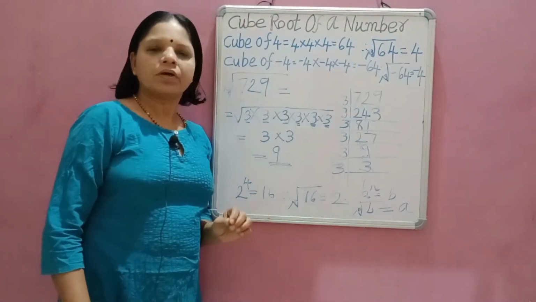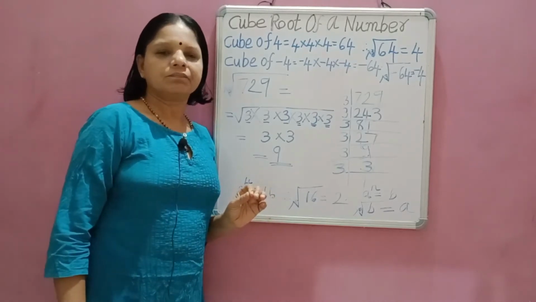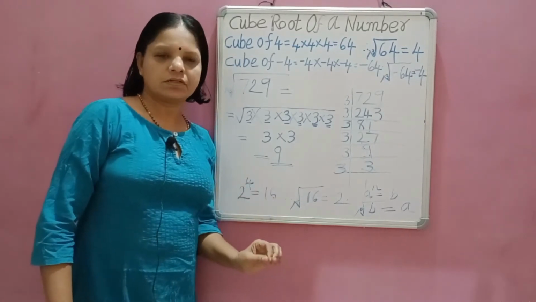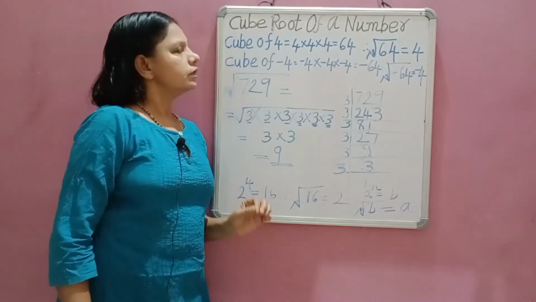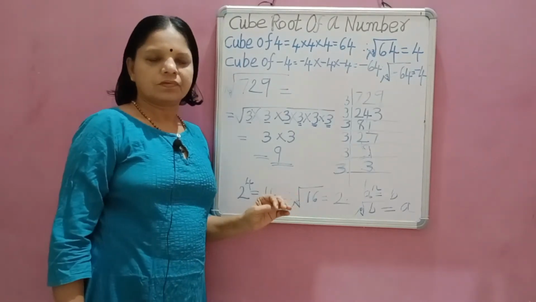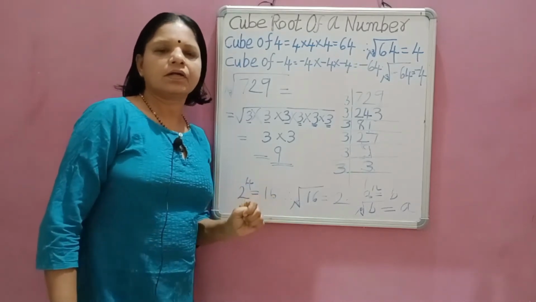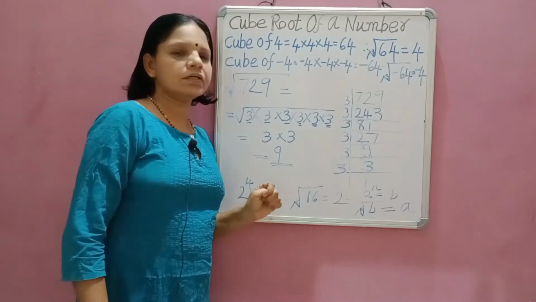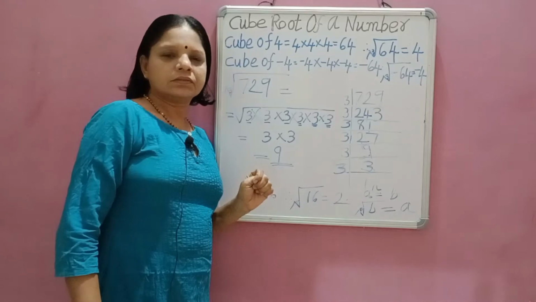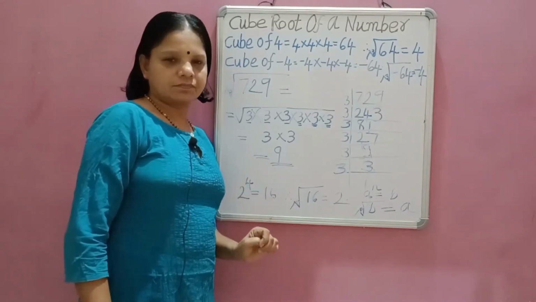And square root is obtained by repeated division. Clear? Now again, cube of a number is obtained by repeated multiplication by the same number. How many times? 3 times.